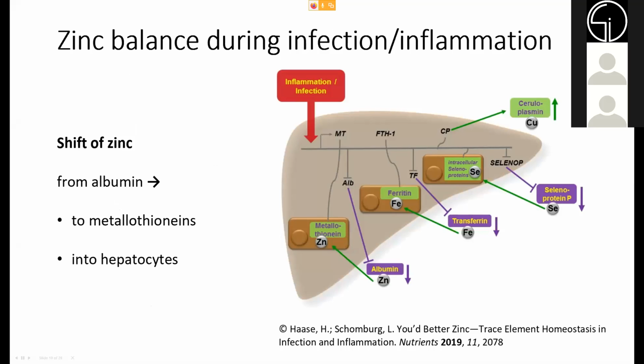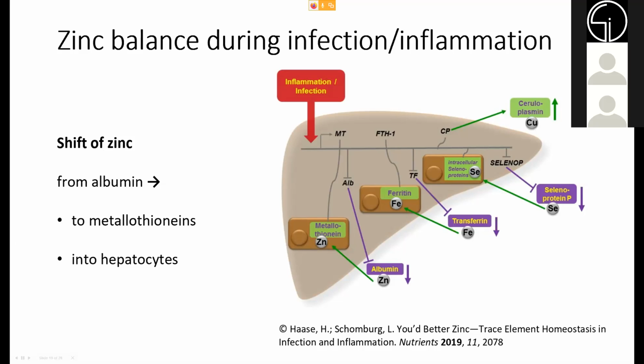Now, there is another important issue about zinc balance in the body, and that is infection and inflammation. Because during infection or during inflammation, there is a sequestration of zinc into the liver.